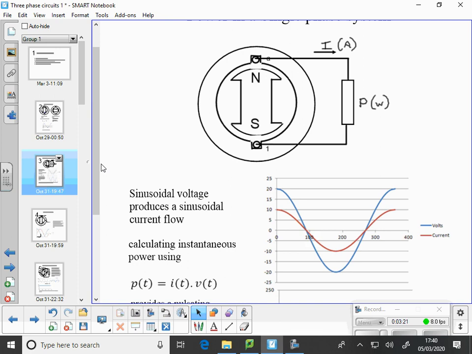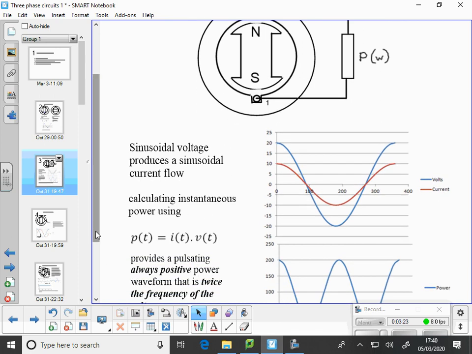The sinusoidal voltage produces a sinusoidal current flow, and at the moment we're keeping things in phase by just using resistance, so there's no phase shift here. Blue is the voltage produced and the red is the current.